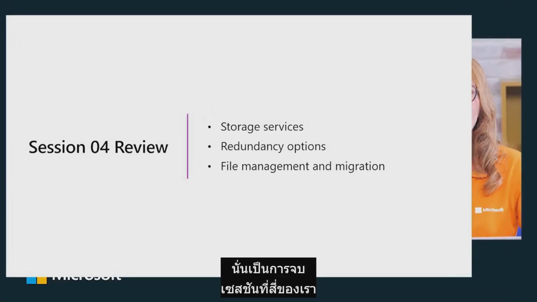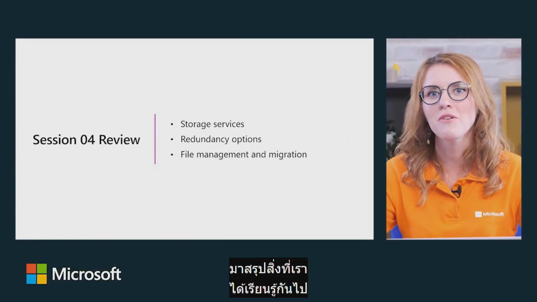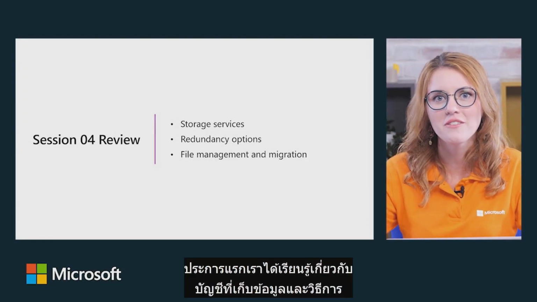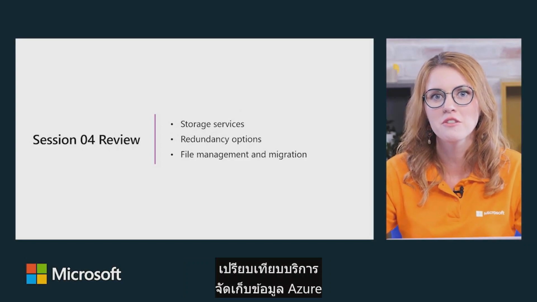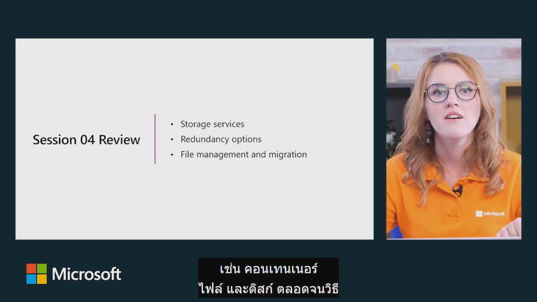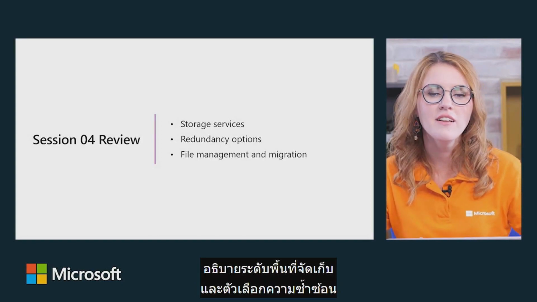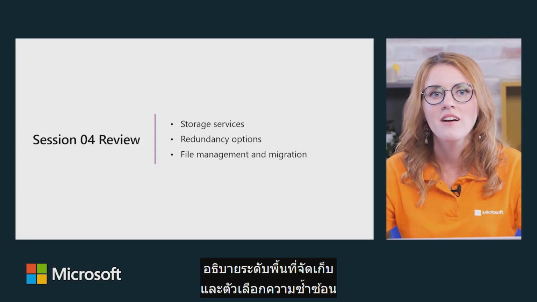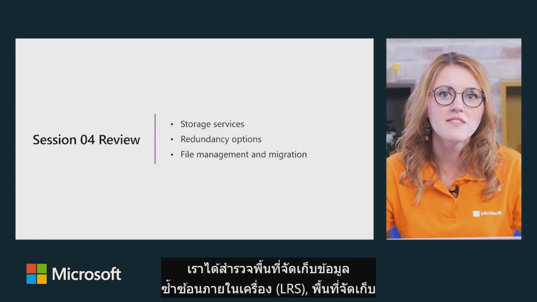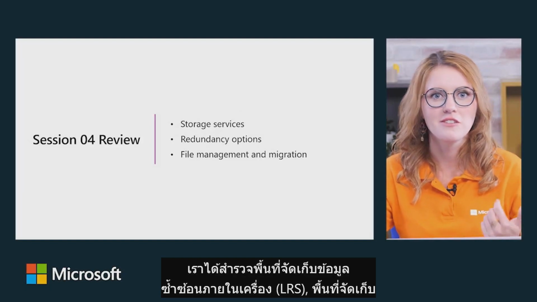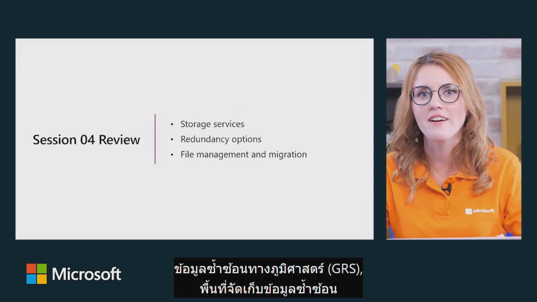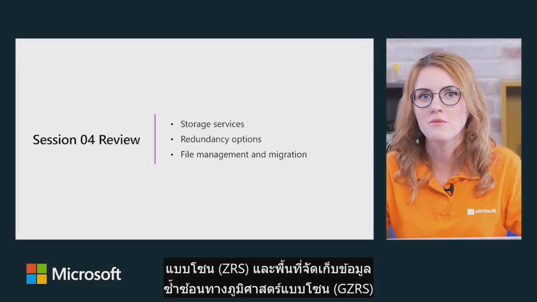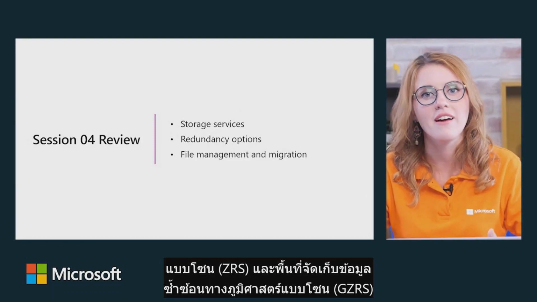That concludes our fourth session. Let's recap what we have learned in it. Firstly, we learned about storage accounts and how to compare Azure storage services such as containers, files, and disks, as well as how to describe storage tiers and redundancy options. We explored locally redundant storage, LRS, geo-redundant storage, GRS, zone-redundant storage, ZRS, and geo-zone-redundant storage, GZRS.